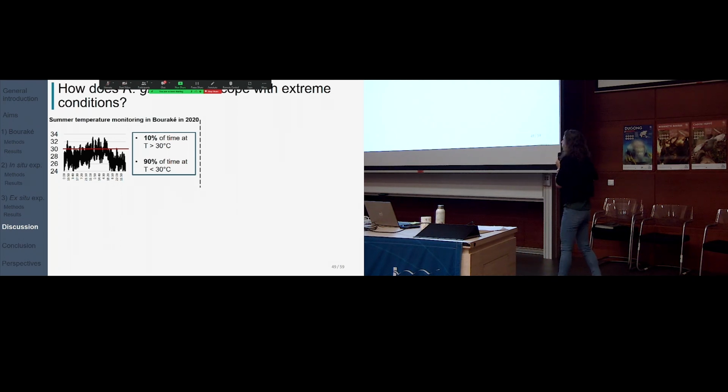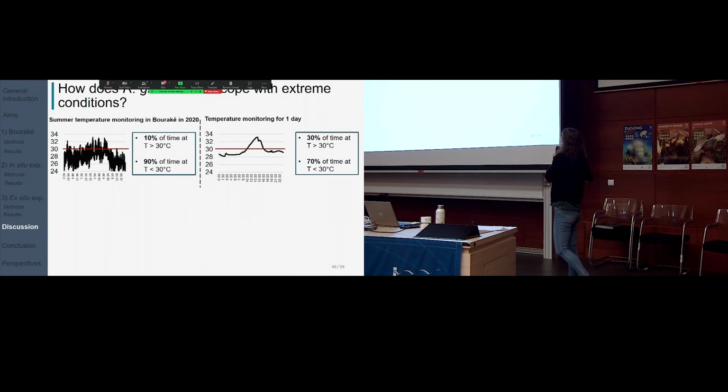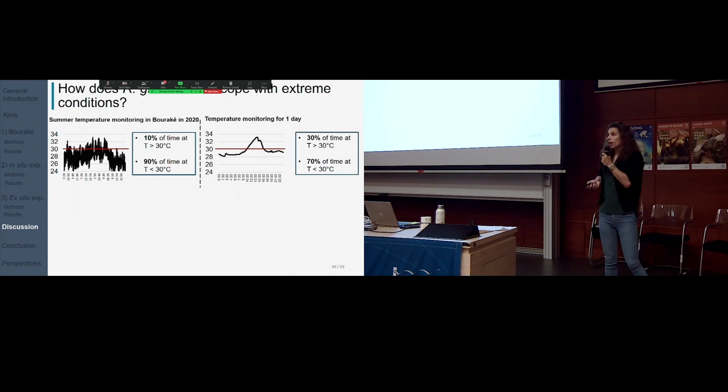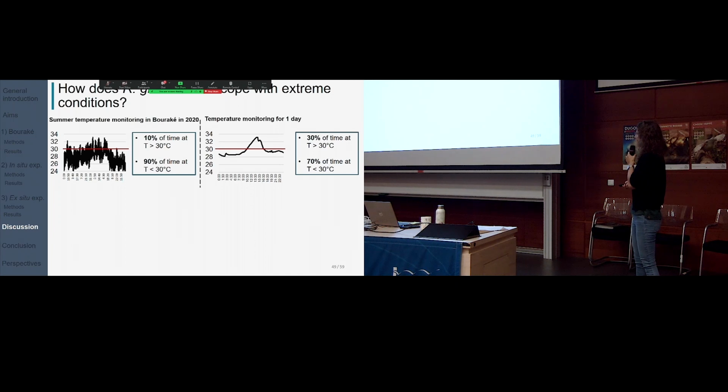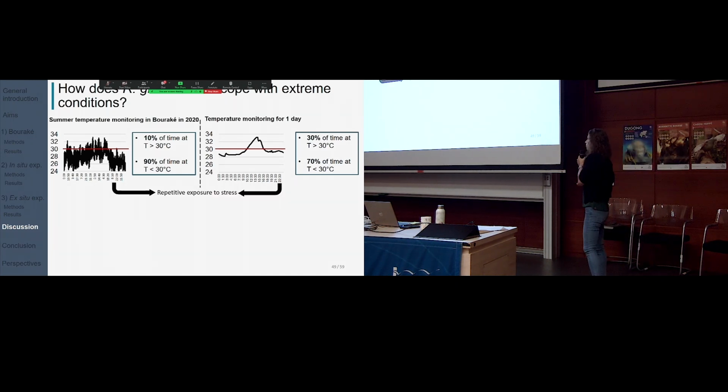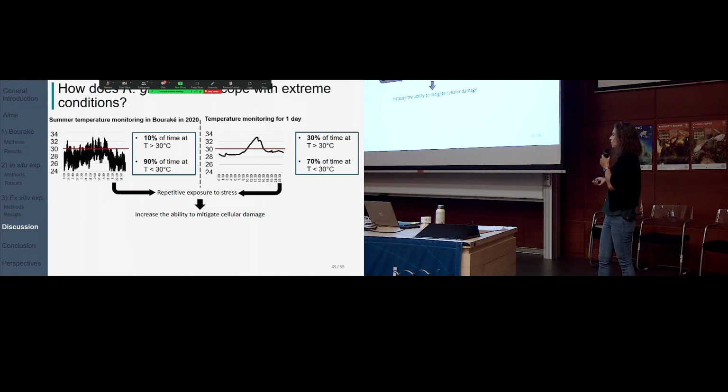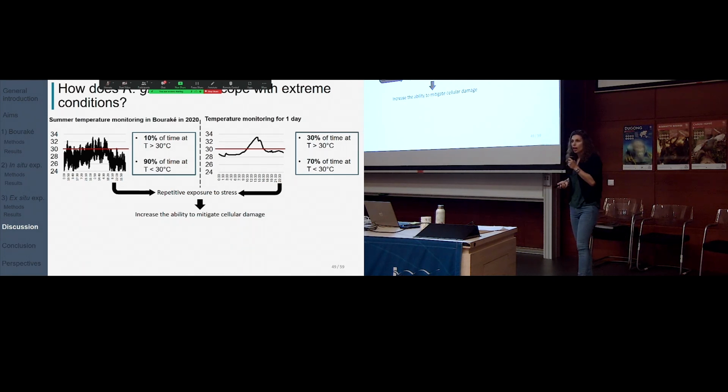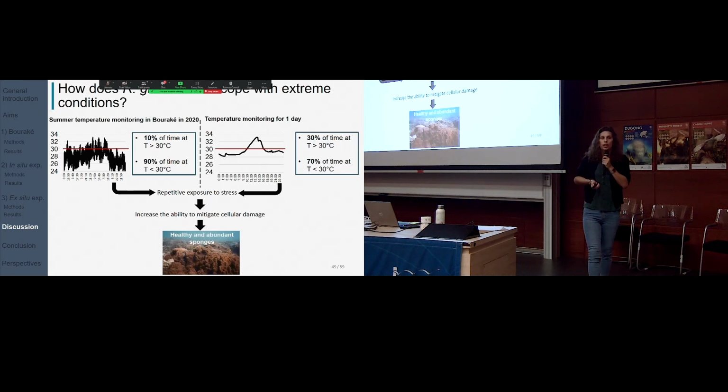If you look into the warmest day during this summer period, sponges were exposed 30% of the time to temperature higher than 30 degrees. Then, the repetitive exposure to higher temperature stressful condition could help sponges develop mechanisms to reduce cellular damage and then stay healthy and grow despite the extreme environmental condition of Buraké.